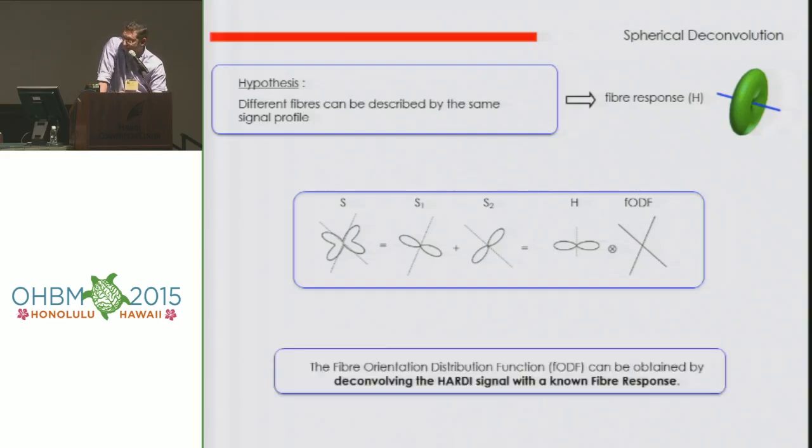Given the signal S, which we measure from the scanner, we can sample the fiber response from the data, or assume it from a model of choice. And what we want is to recover this FODF. So deconvolution is nothing else than recovering the FODF starting from the signal, given a specific fiber model.